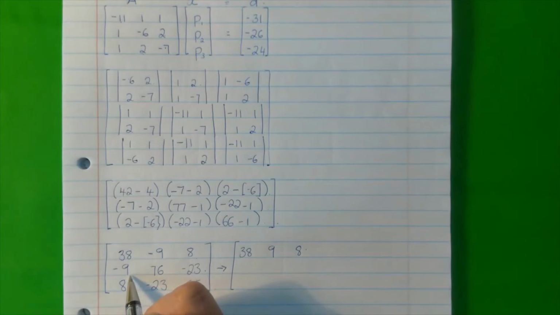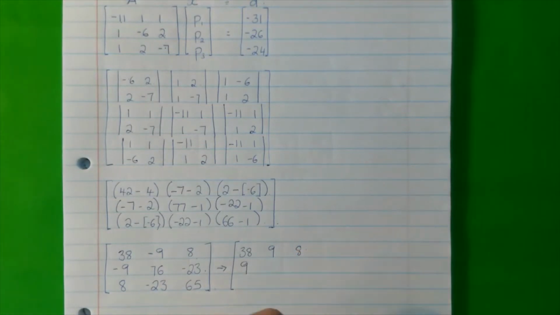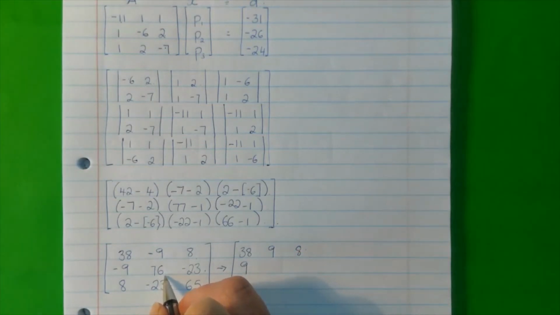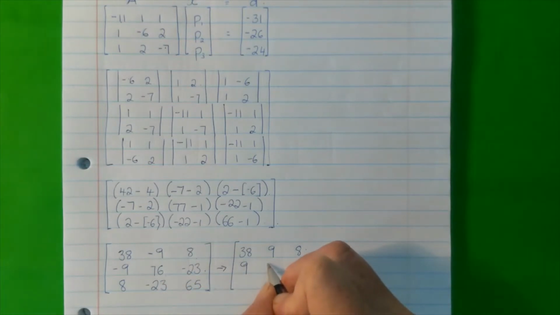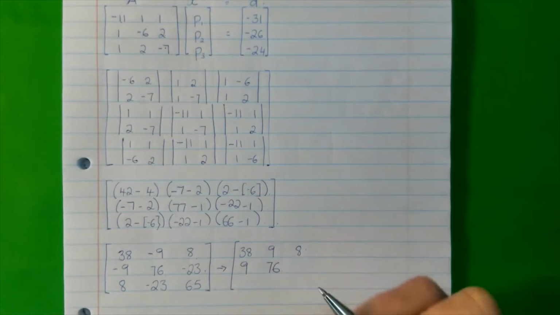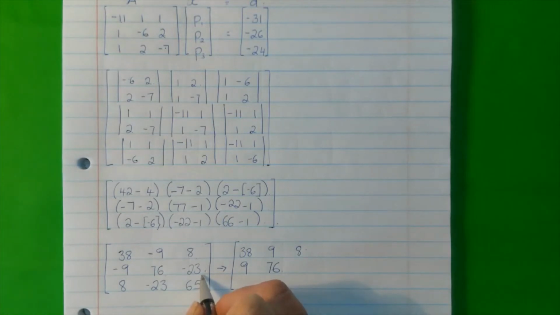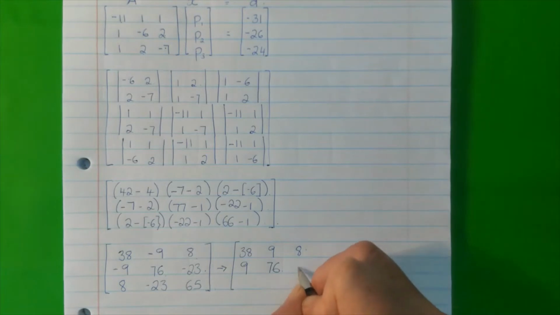Second row, first column, 2 plus 1 is 3, odd number, the sign will change. Second row, second column, 2 plus 2 is 4, even number, the sign stays the same. Second row, third column, 2 plus 3 is 5, odd number, the sign will change.